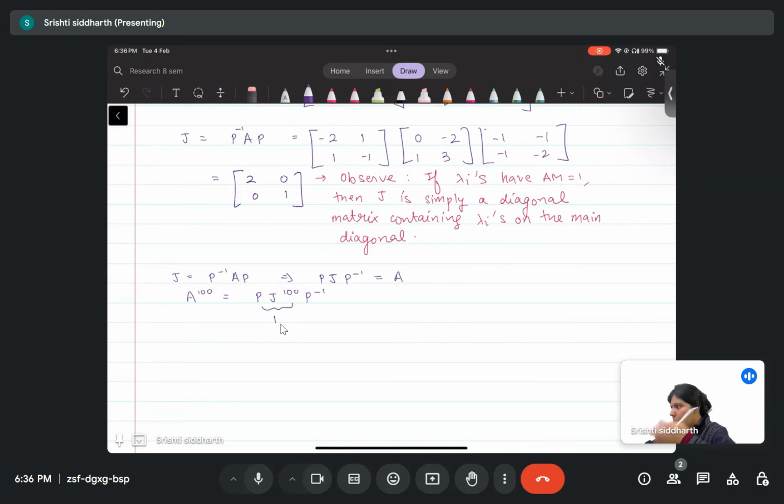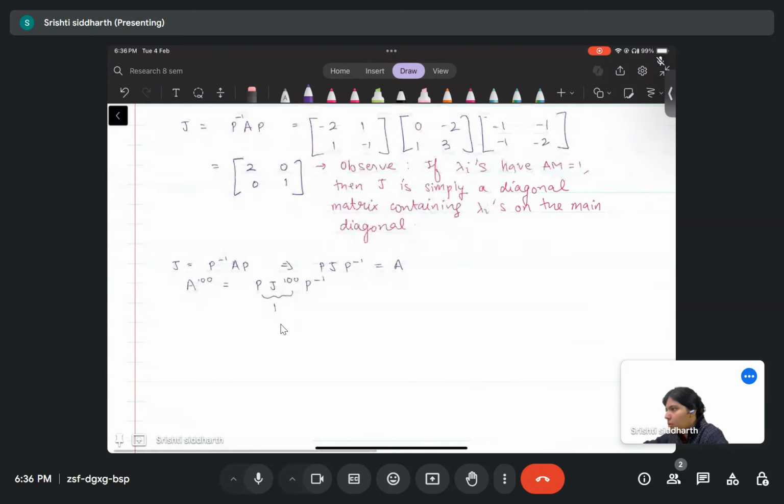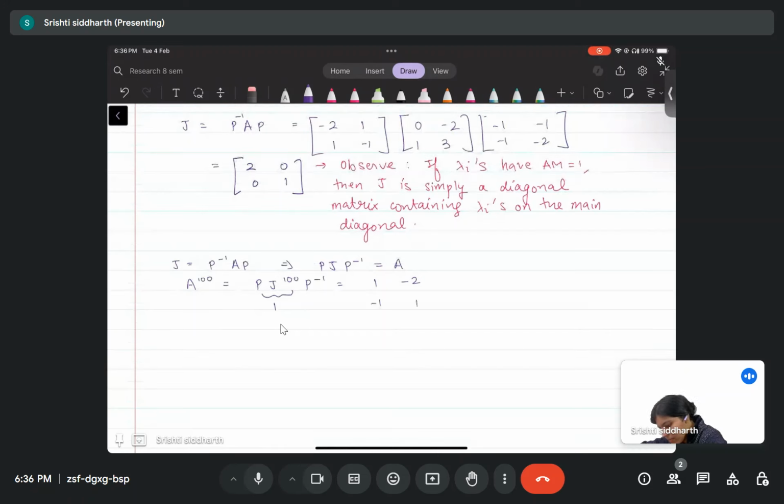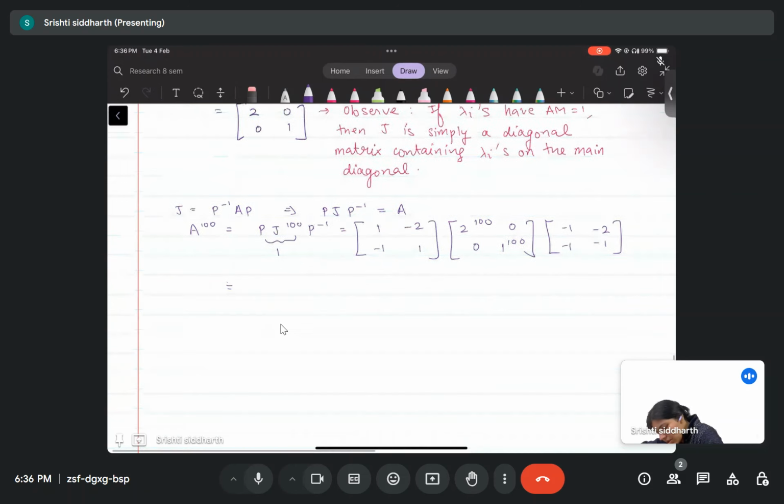So this is easier now. So we have 1 minus 2 minus 1 1, 2 to the power 100 0 0 1, and then so this is the answer. I'm going to write the final answer directly. You can check this later. This is 2 minus 2 to the power 100, 1, 2 to the power 100 minus 1.